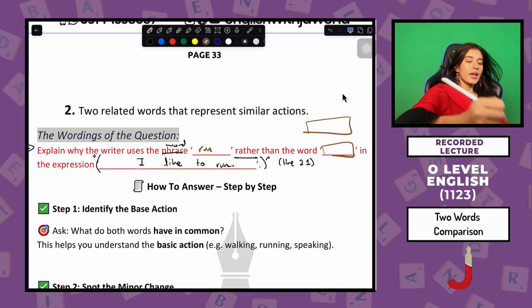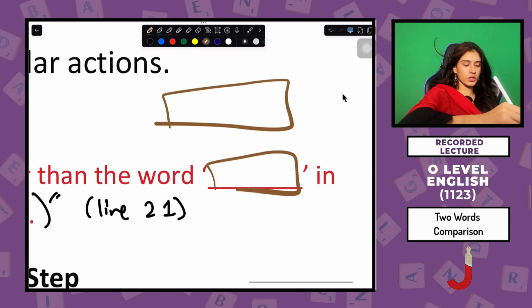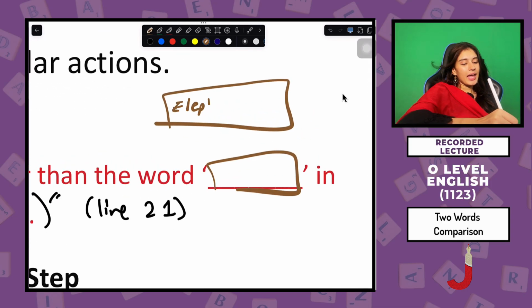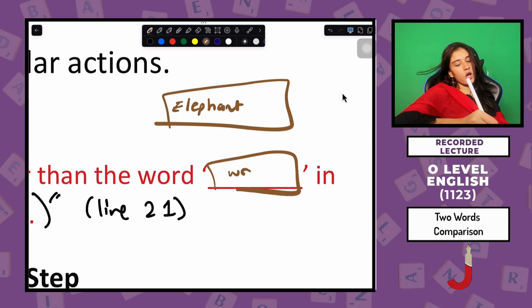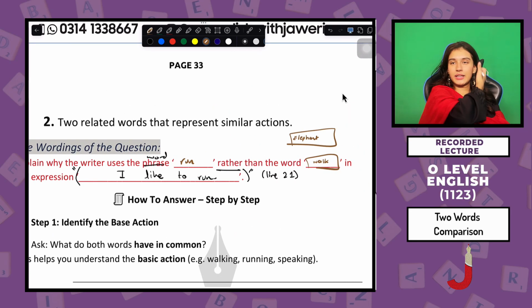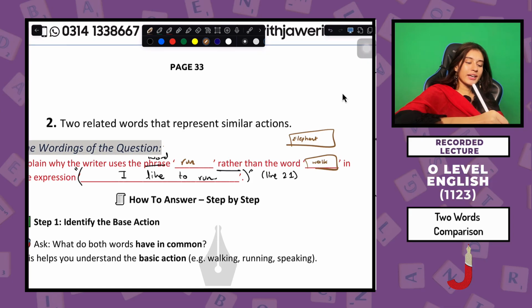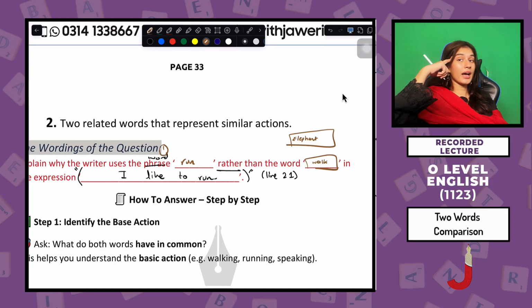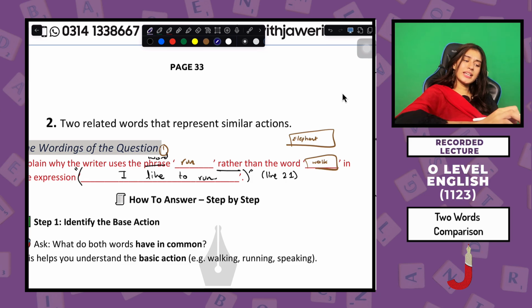Now imagine, let me write two options here. Now think about this. Which of these options makes more sense? Which question makes more sense, beta? The first question, that why has the writer used the word run instead of the word elephant? Does that make any sense to you? Does it? I don't think so.